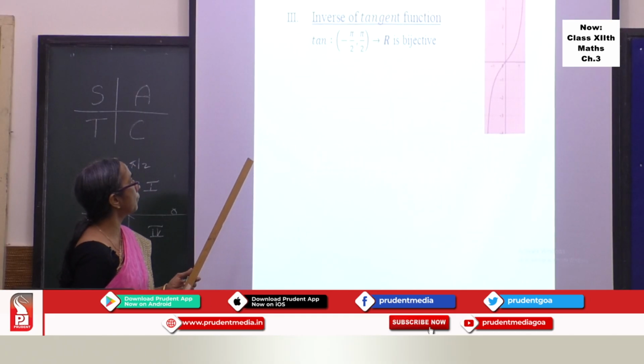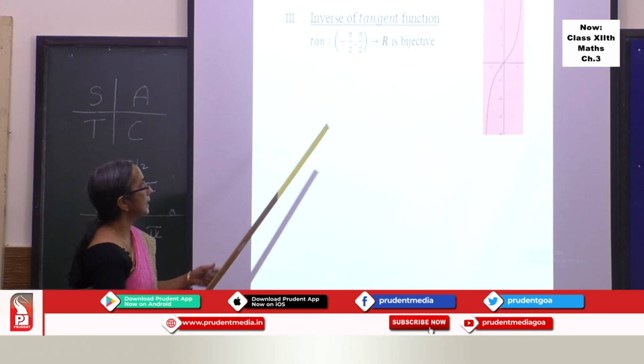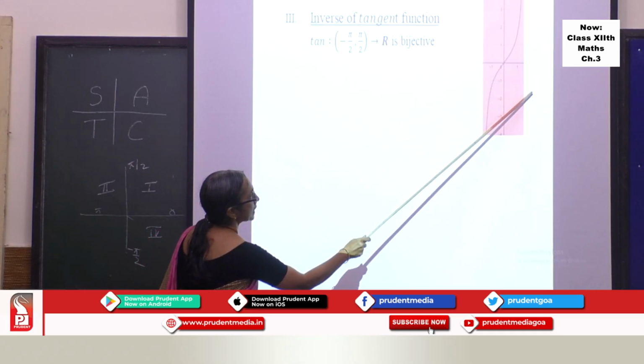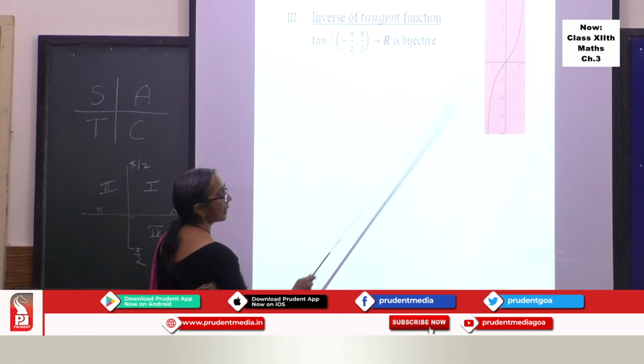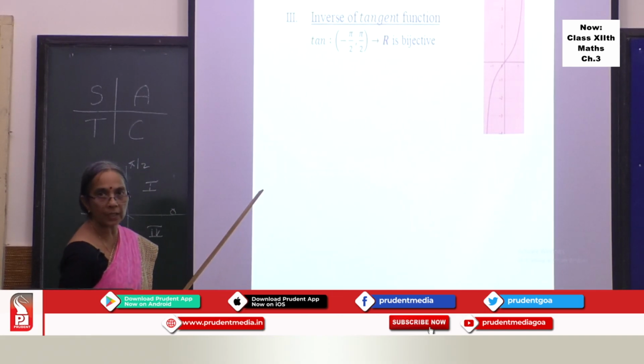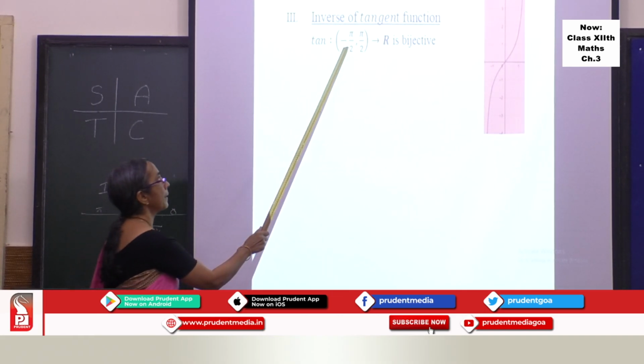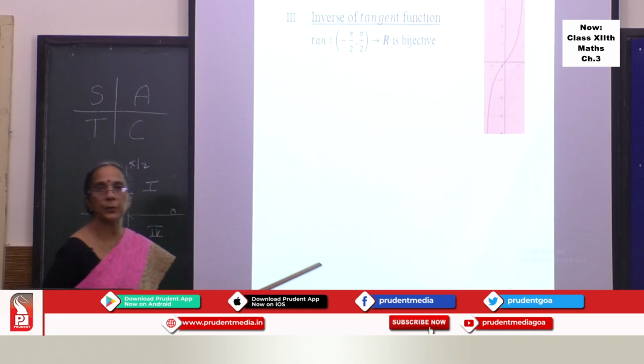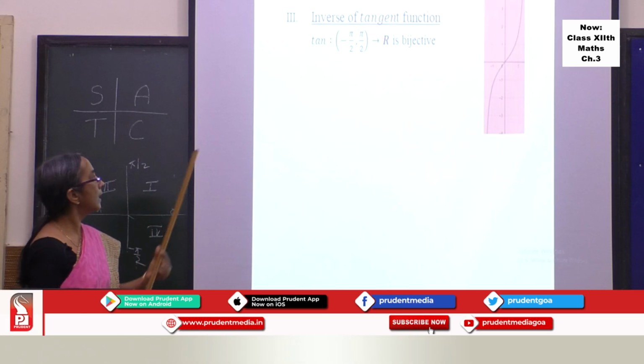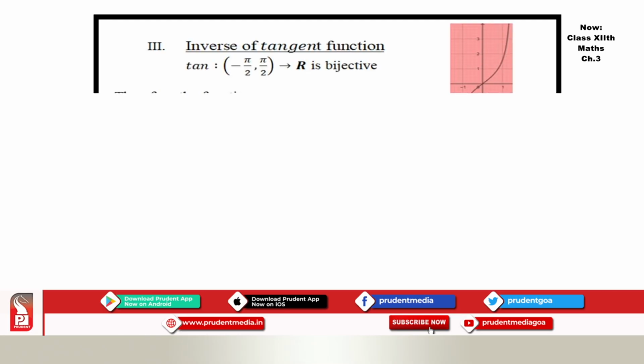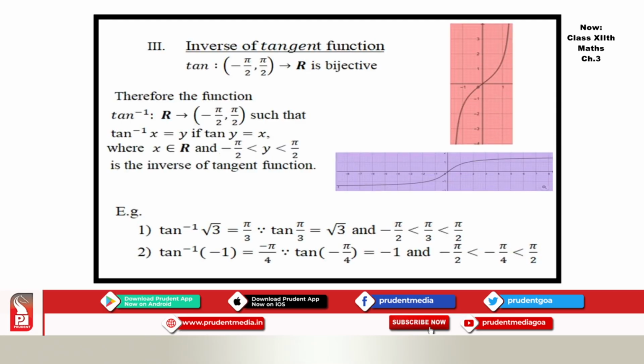That is the graph of the tan function, but tan pi by 2 does not exist, and tan minus pi by 2 does not exist. That is why minus pi by 2 and pi by 2 are not included in the domain.